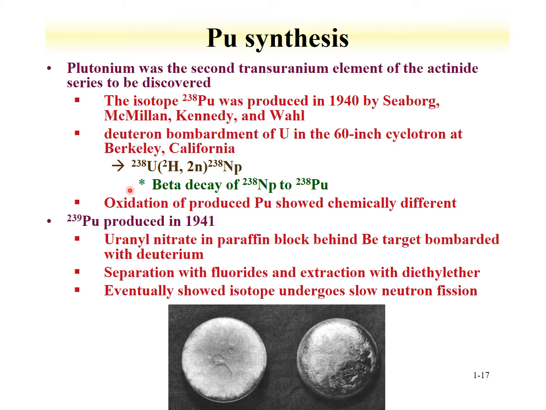So the uranium-238, in this case, would absorb a neutron, make uranium-239. That would decay to Neptunium-239, and that would decay to plutonium-239. There was a separation with fluorides and extraction with diethyl ether, and they showed that, like uranium-235, plutonium-239 would undergo fission with slow neutrons. And for this work, Glenn Seaborg and others were awarded the Nobel Prize.